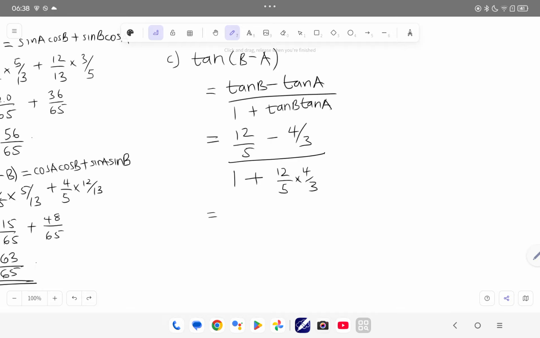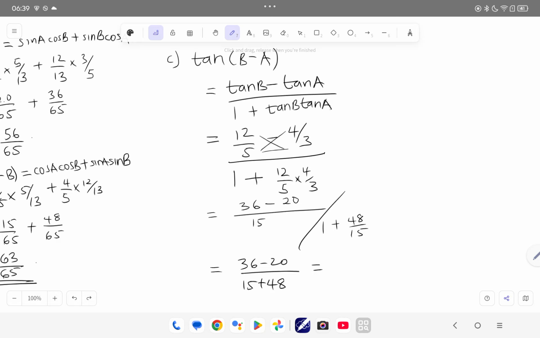LCM here is 15. So we have, of course, multiplied, 12 times 3 is 36, minus 20, out of 1 plus 48 out of 15. By simplification, we have 36 minus 20 out of 15 plus 48.